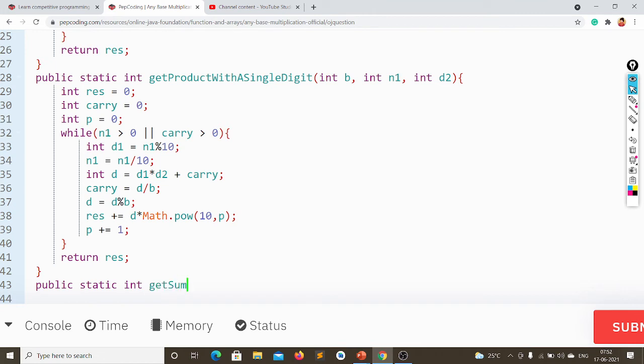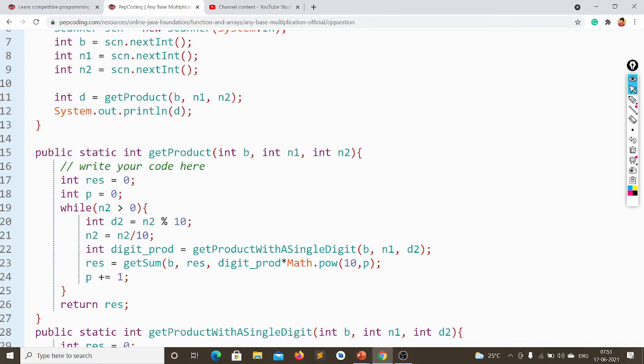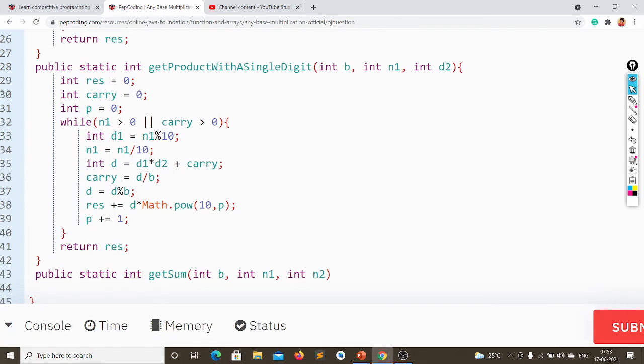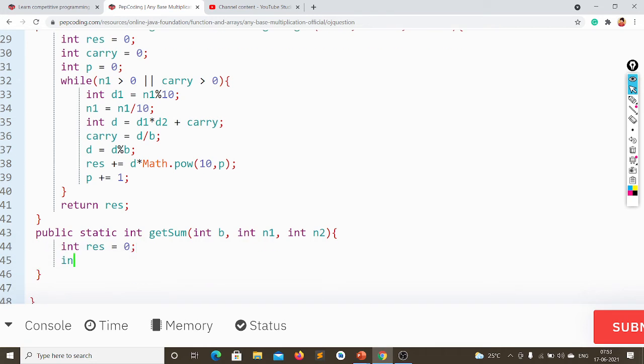In the get sum method, we have int base, int number n1 and int number n2. What I'm doing here is, let's take int result is equal to 0, and int carry equal to 0 and int p equal to 0.